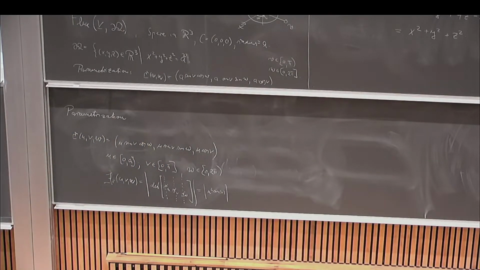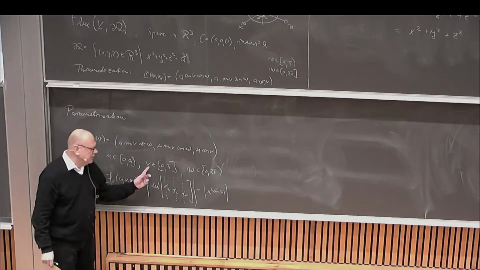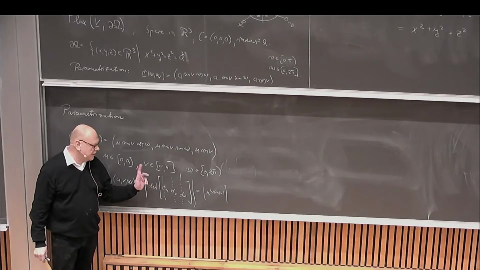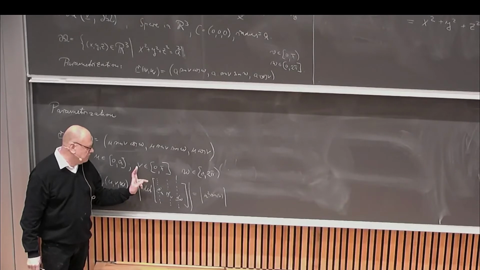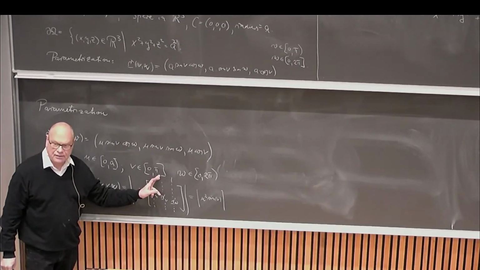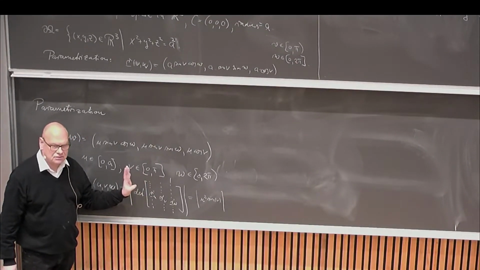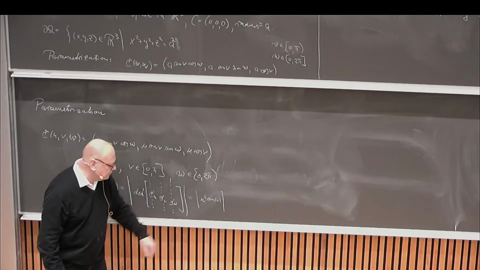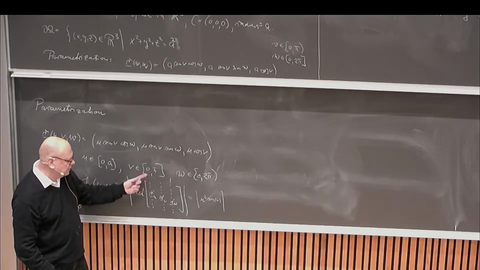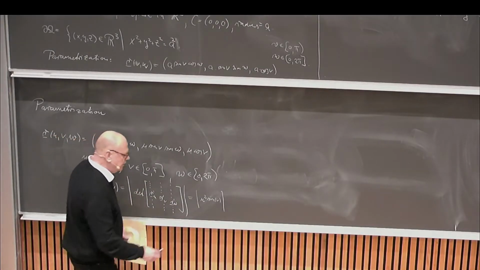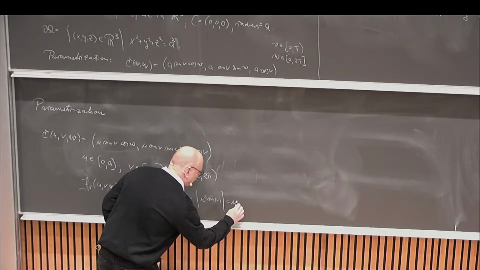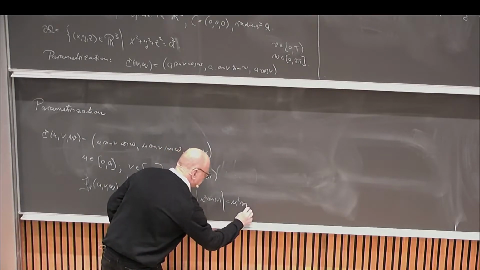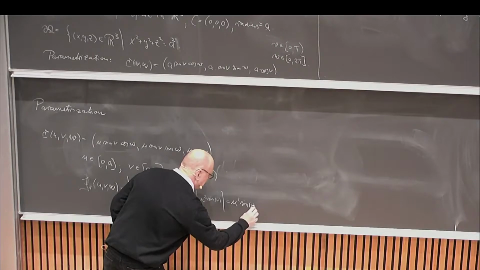Since v is between 0 and pi, sine v is positive, or 0 at the endpoints. But you can just write it as u squared times sine of v.